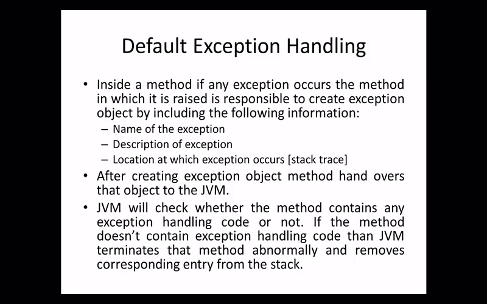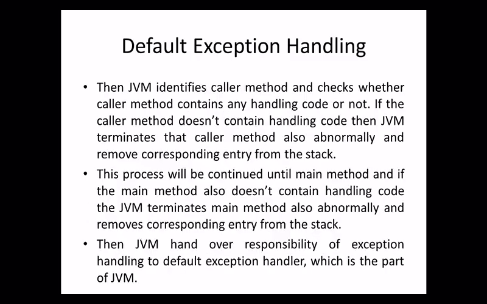After creating the exception object, the method hands that object over to the JVM. Now, JVM will check whether the method contains any exception handling code or not. If the method doesn't contain exception handling code, then JVM terminates that method abnormally and removes the corresponding entry from the stack.